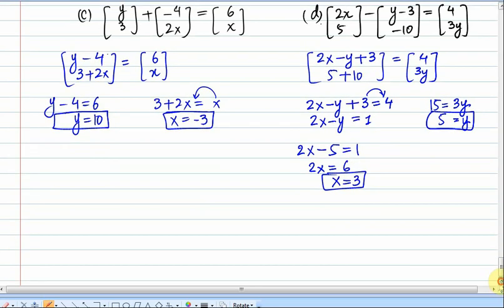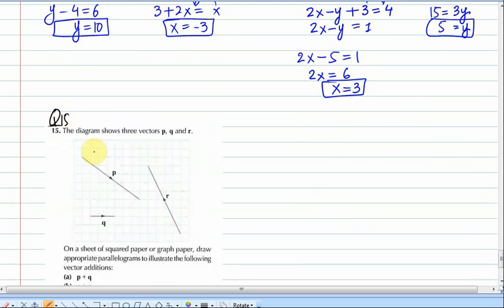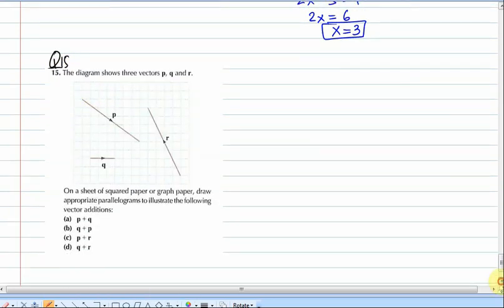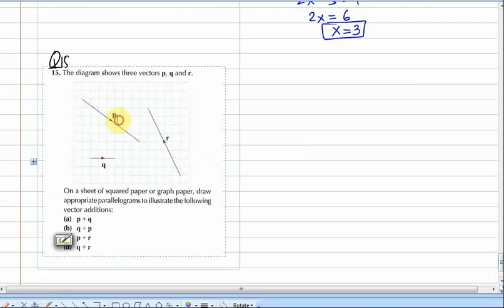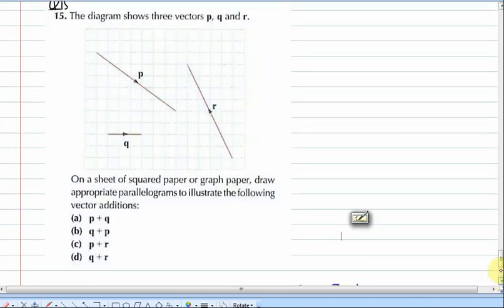Moving on to the next question. It's question number 15. The question says the diagram shows vectors P, Q and R. On a sheet of squared paper or graph paper, draw appropriate parallelograms to illustrate the following vector additions: P plus Q. Now first, you need to find the vector P plus Q, and you need to draw the parallelogram, not the triangle.